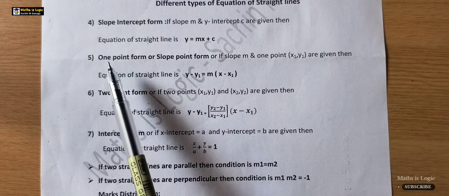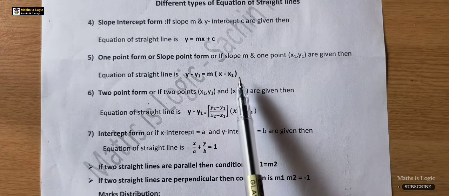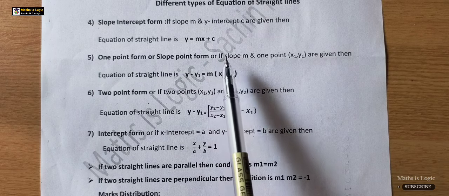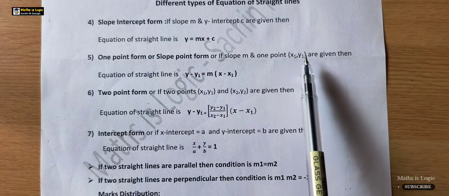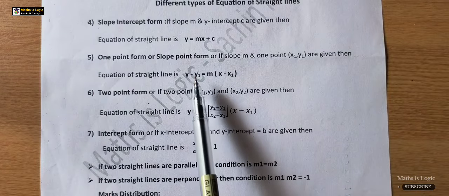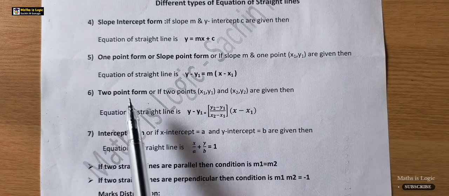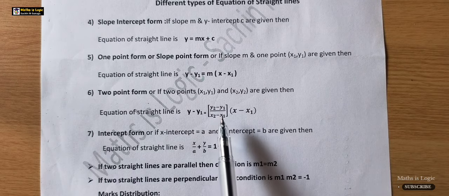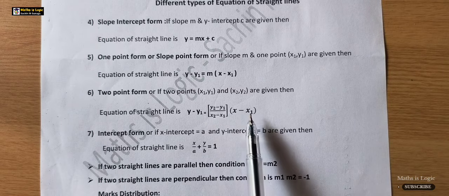Second, the one-point formula, that is y minus y1 equals m into (x minus x1).